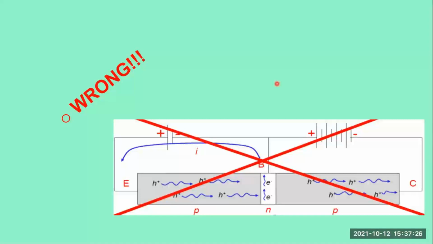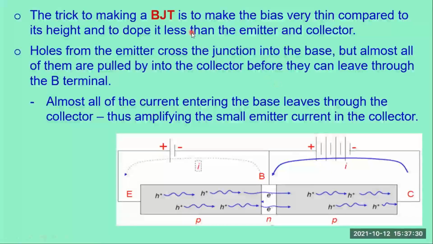Actually, this is not what happens. And this is exactly what makes transistors special devices. So the trick to making this type of transistor is to make the base very thin compared to the height, and it is doped.